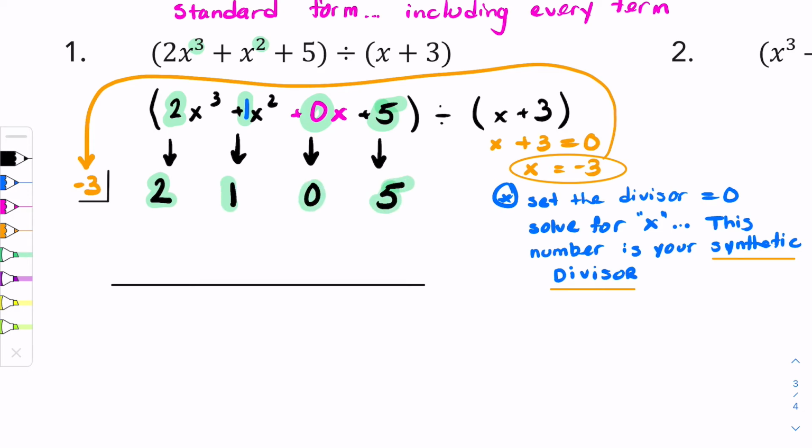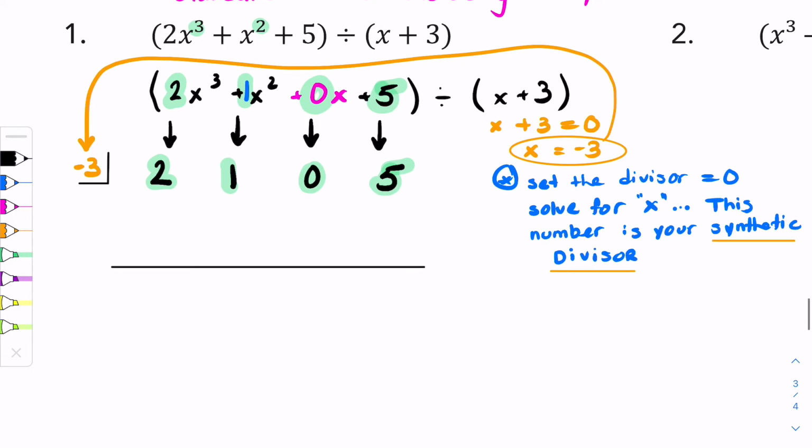All right, you always add inside of the line and you multiply outside. Start by bringing down this factor of 2. We're multiplying 2 times negative 3. 2 times negative 3 gives us negative 6, and you write it here. So we just multiplied.